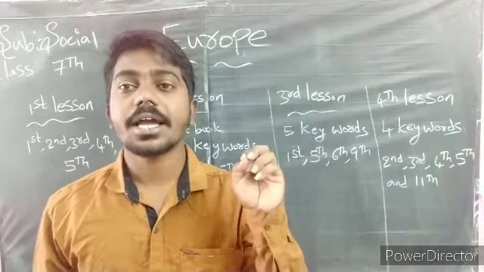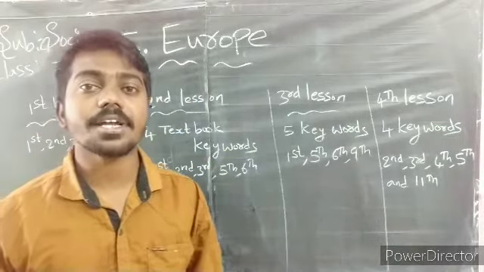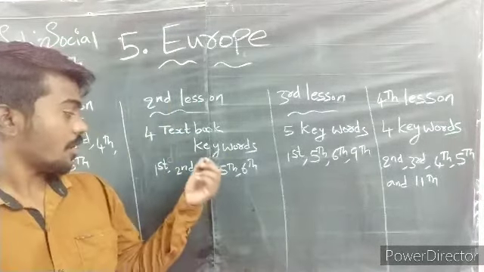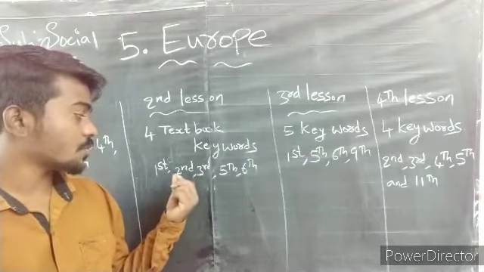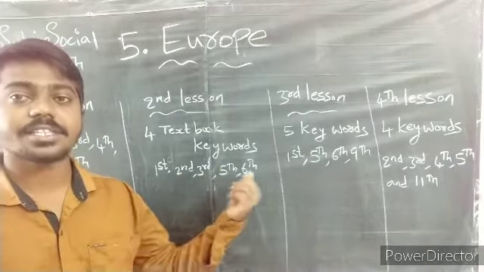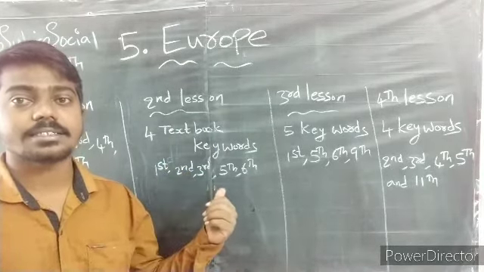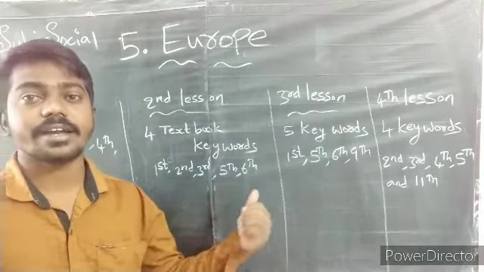You write only the 4 keywords which are present in the textbook. And I gave the same questions: first, second, third, fifth and sixth in the second lesson.